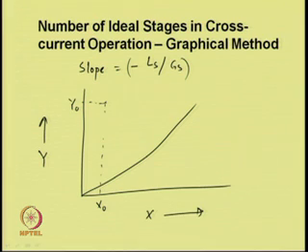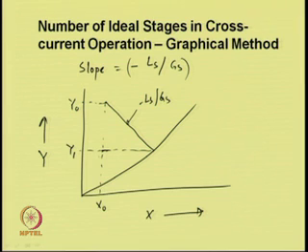So, with a slope of minus Ls by Gs, it can touch the equilibrium line and then we can go horizontally and this will give you y1, and from this with the same slope we can obtain this line.